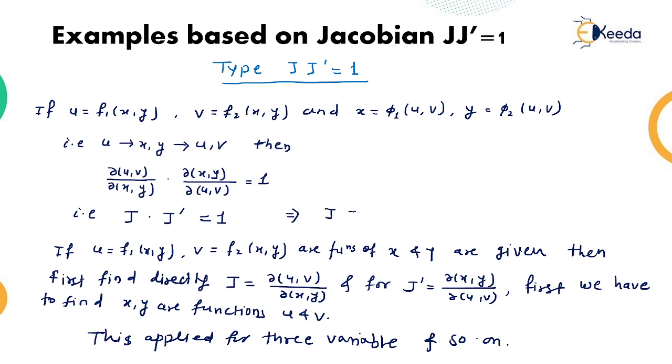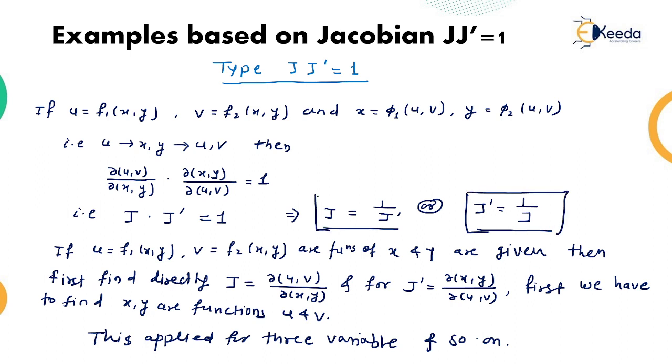J is nothing but 1 upon J dash, or J dash is nothing but 1 upon J. You will use these two formulas again. If J is given, you take only the reciprocal and get the J dash value. I hope you understand this.